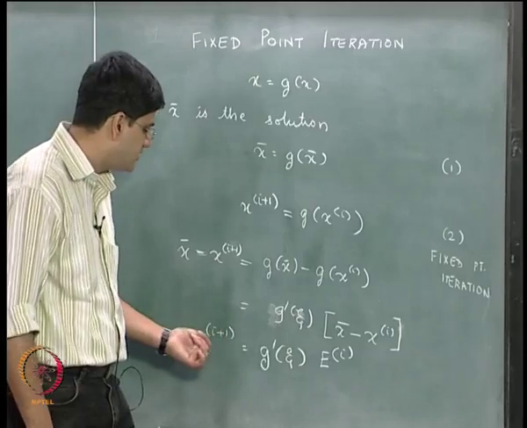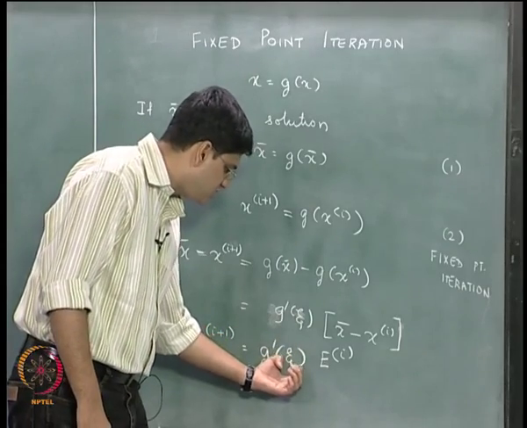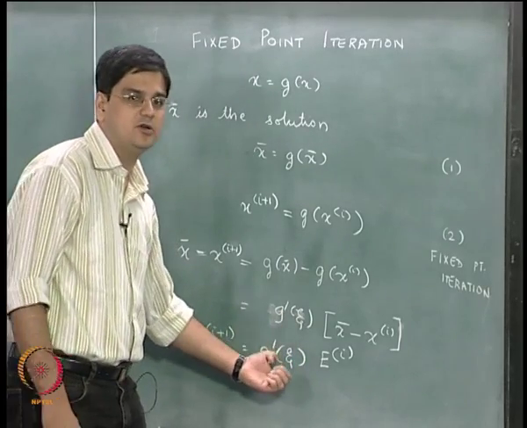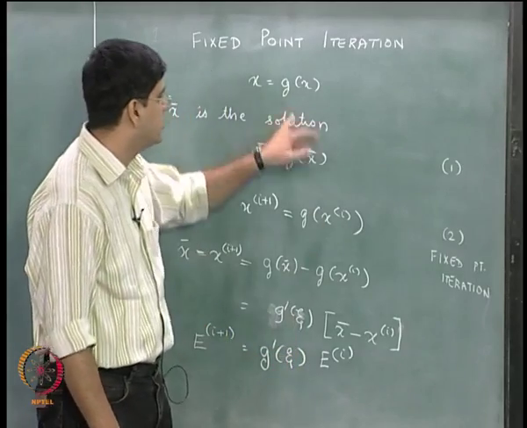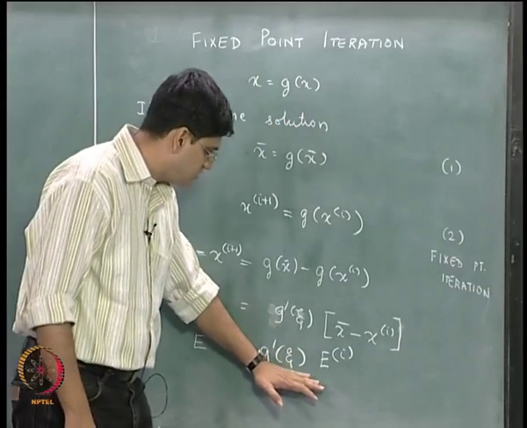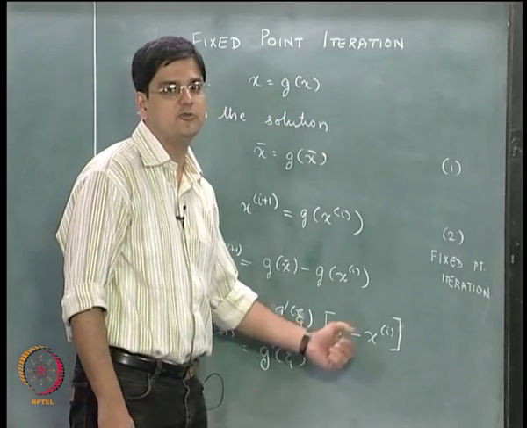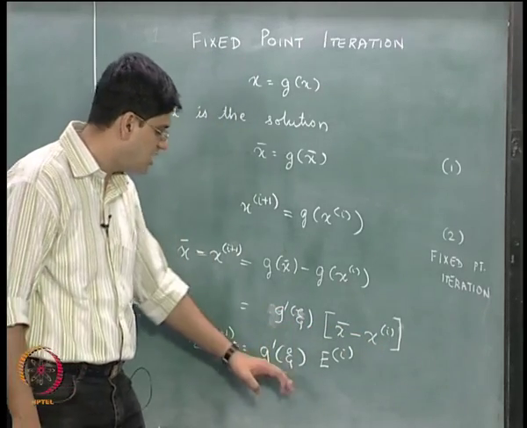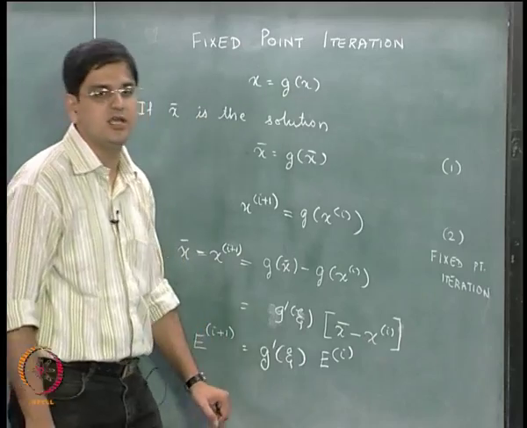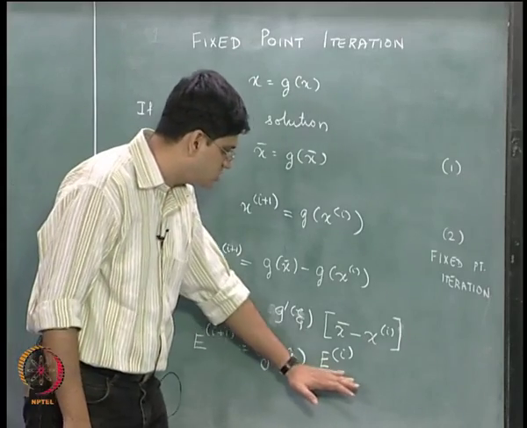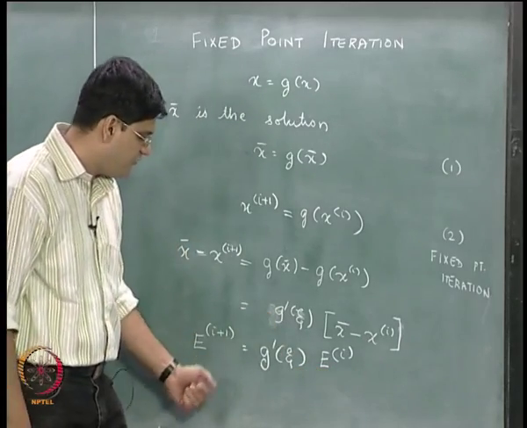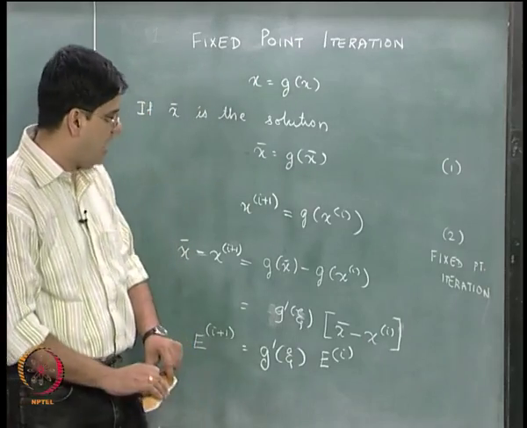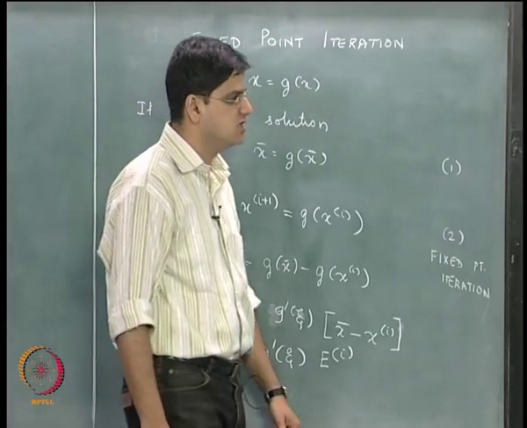So what we really need to do in order to figure out whether this particular method is convergent is calculate the first derivative of the function g of x at the value x_i. What we are saying is x_i is close enough to the value zeta, and that will essentially tell you how this method converges as the number of iterations increases. Okay.